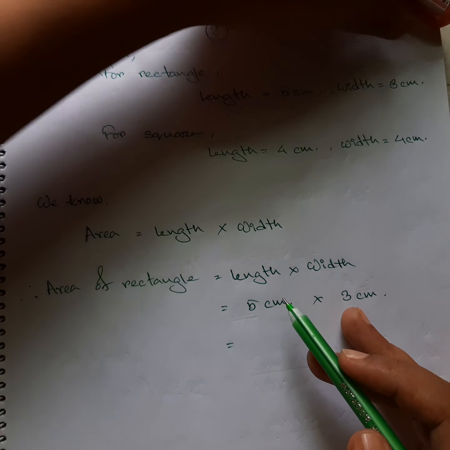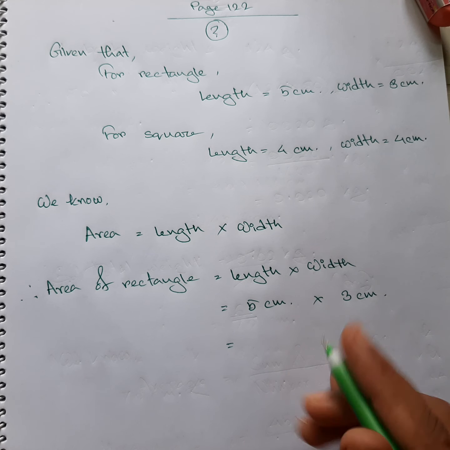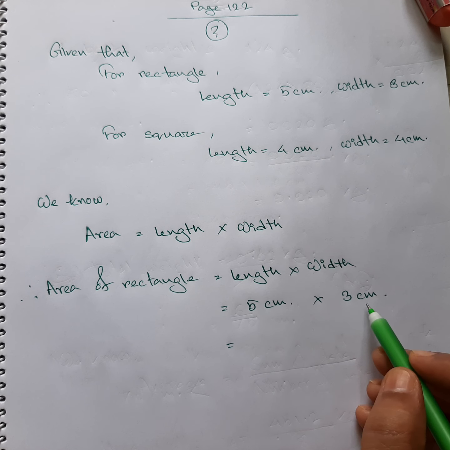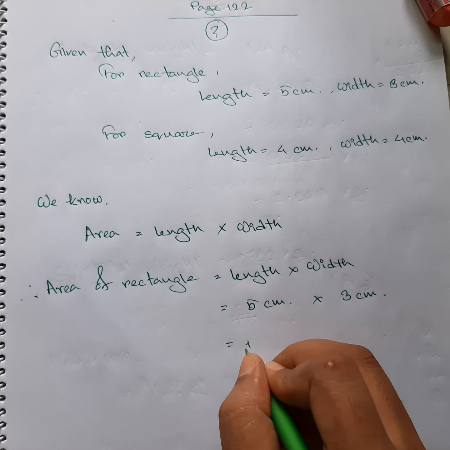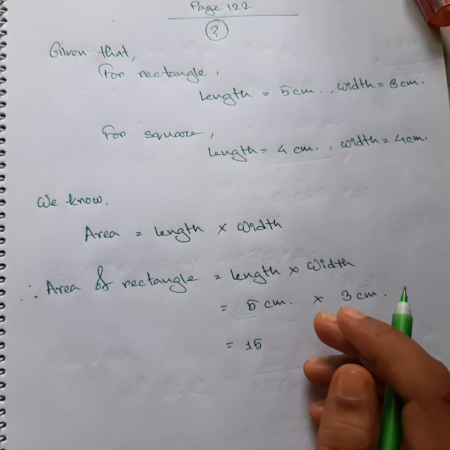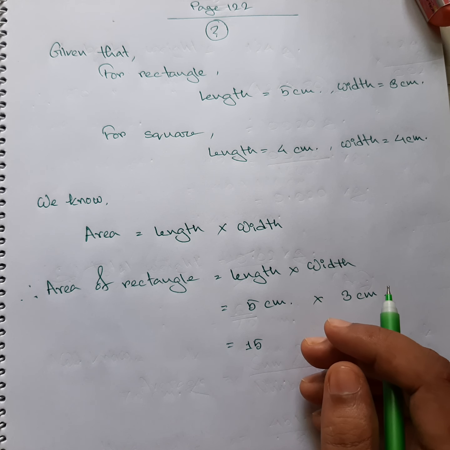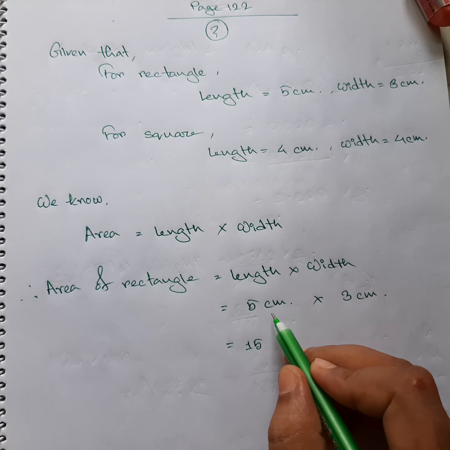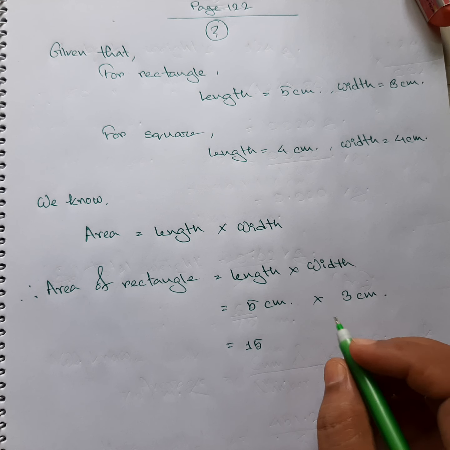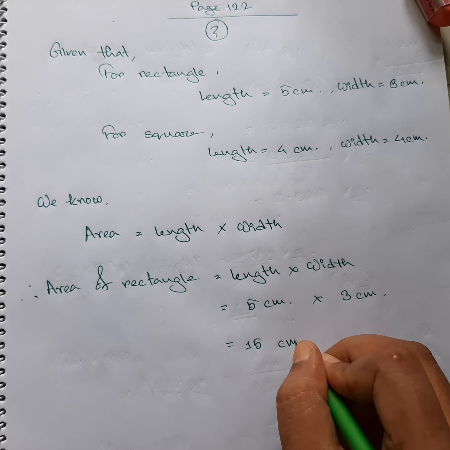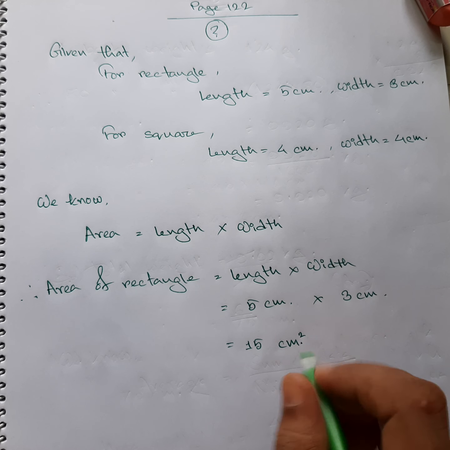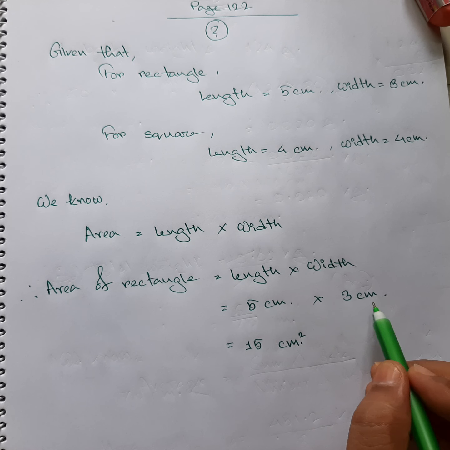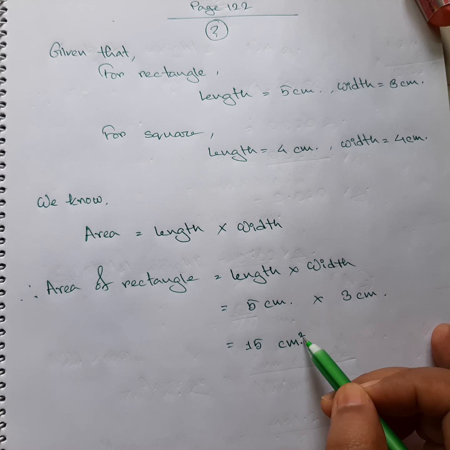Let me adjust this page a little bit. Area of rectangle is equal to length into width, then 5 centimeter into 3 centimeter. 5 threes are 15. And I have already told you from class 4 that whenever you have to find the area, if you multiply the same units, you have to write centimeter square, or it is also known as square centimeter, because whenever we multiply the same units, you are supposed to write 2 on the top of it.